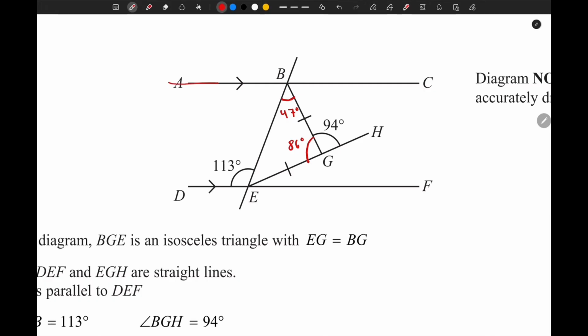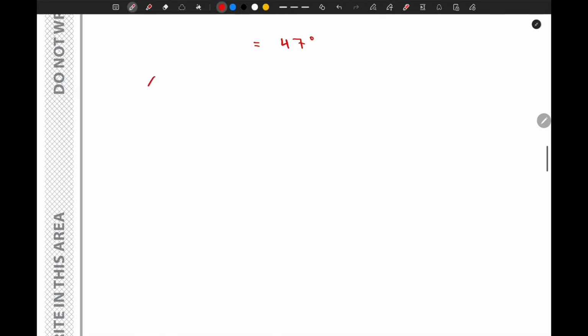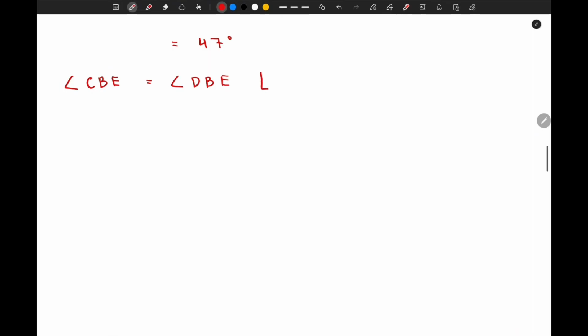And since these two are parallel lines, we can say that this angle is equal to this angle. So angle CBE is equal to angle DEB. And the reason for this is alternate angles.